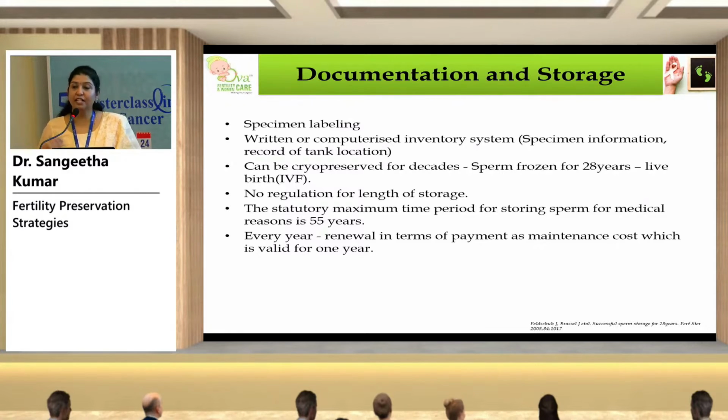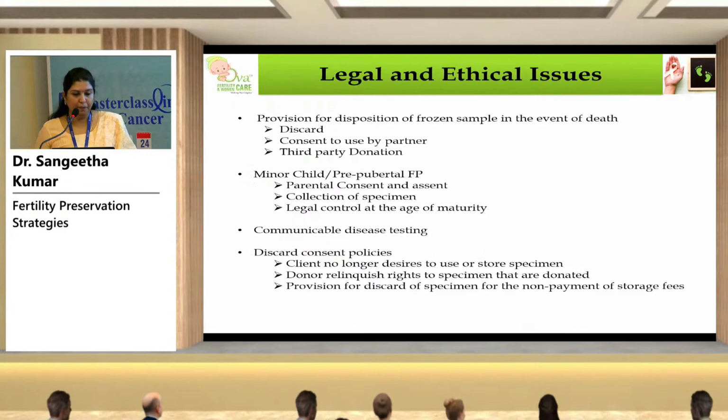At the same time, they have not mentioned how long we can preserve them. But the statutory maximum time period for storage for medical reasons is 55 years in case of male and 50 years for female. Every year there is renewal in terms of payment as maintenance cost, which is valid for 1 year.